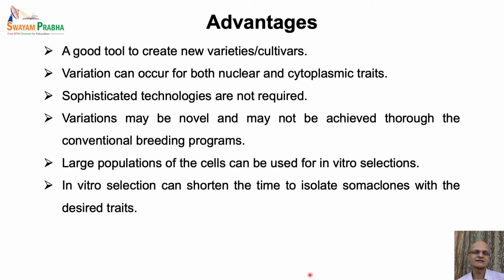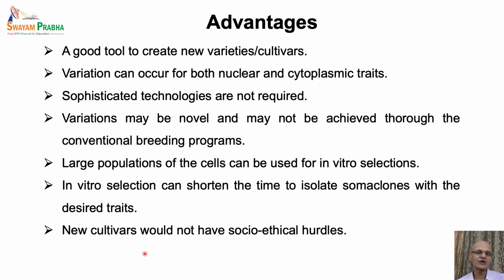In vitro selection can further shorten the time required to isolate somaclones with the desired traits. New cultivars generated in this way would not have any socio-ethical hurdles, which is a major problem for the commercialization of genetically modified traits.